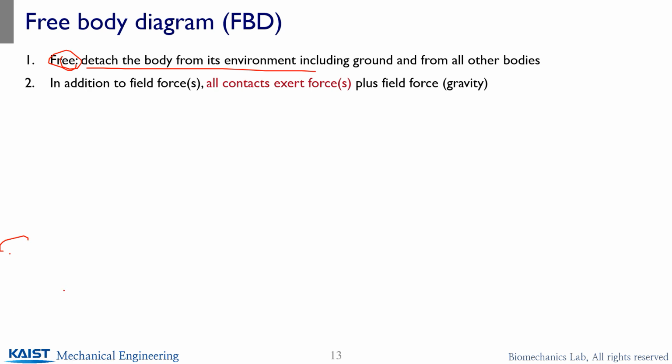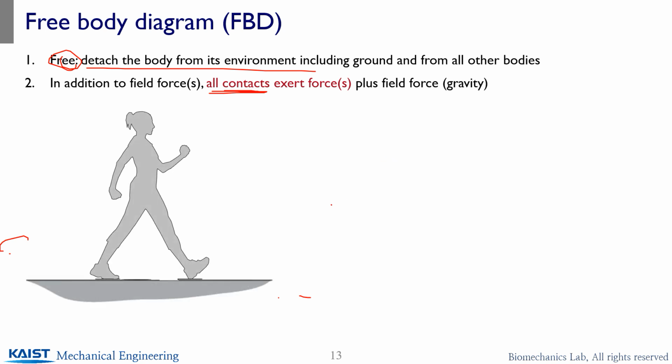forces applied to it. And note that all the contacts exert forces, plus the field forces like gravity or magnetic force or electric force. But for Newtonian dynamics, it's mostly gravity. So for example, suppose that a human walks.